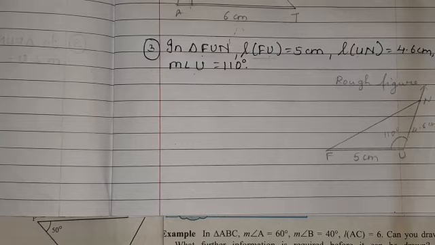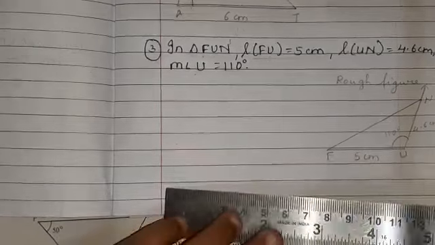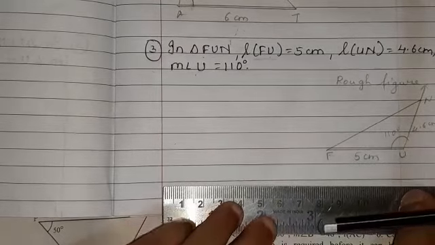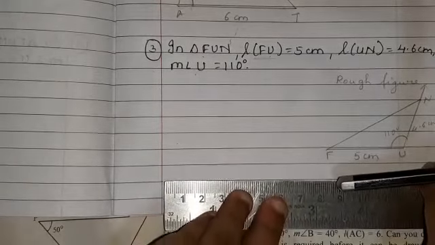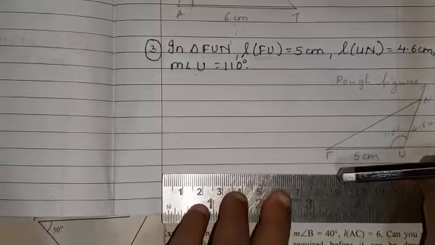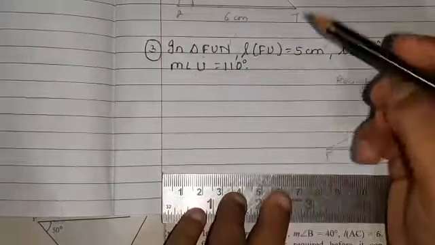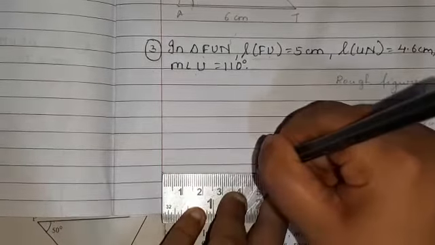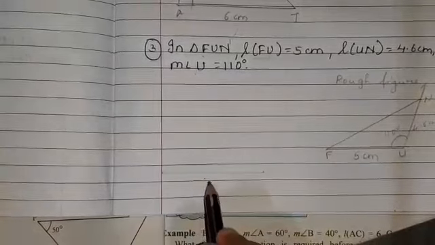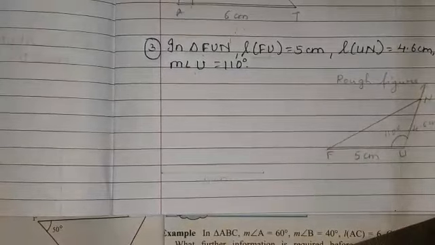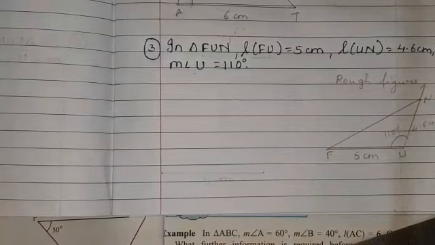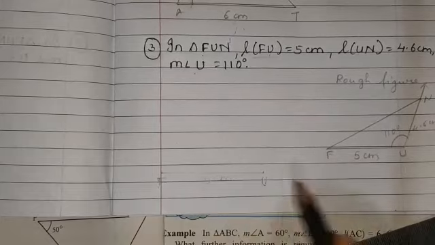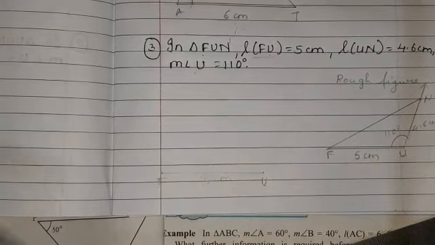Now we will construct our main figure. So first I will draw a side of 5 centimeter in this way. See here, suppose I will keep my scale like this. 0 is here and 5 is here. So this is my 5 centimeter line and now I will write here 5 cm. After that I will take my protractor and keep it on U, because angle U is 110.